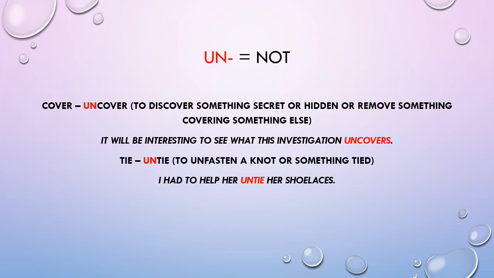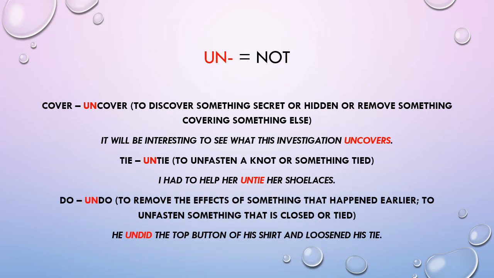I had to help her untie her shoelaces. One more example of this prefix is do and undo, which means to remove the effects of something that happened earlier or to unfasten something that is closed or tied. He undid the top button of his shirt and loosened his tie.